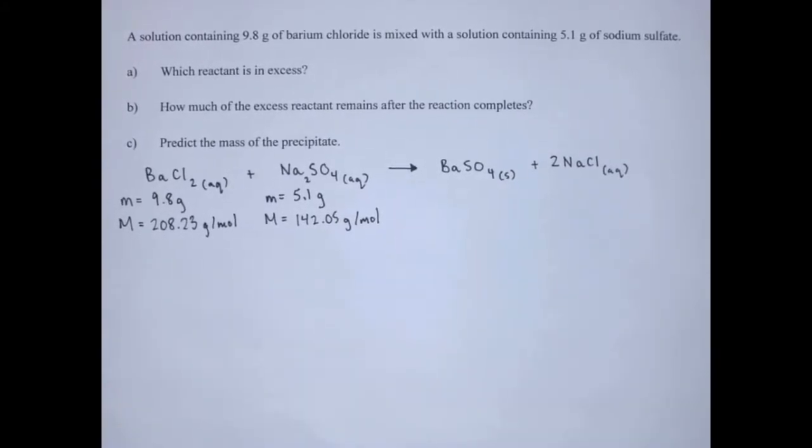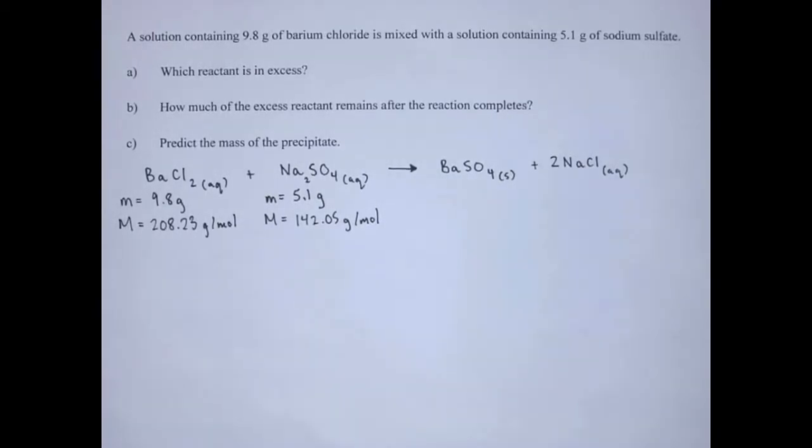I've gone ahead and written down the masses of each and the molar masses of each. And what we're going to be doing here is figuring out the moles of barium chloride and sodium sulfate. So maybe pause the video and calculate that on your own at this point.